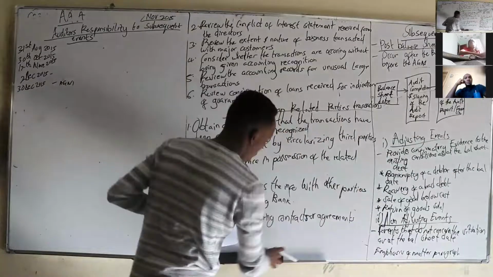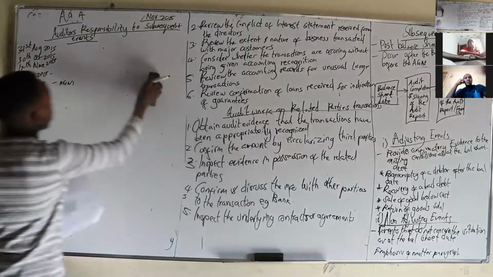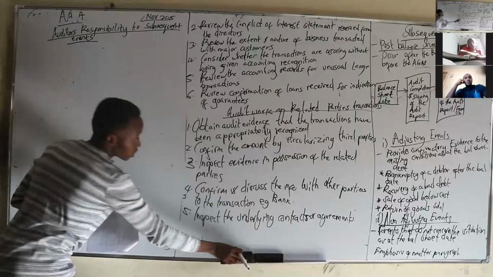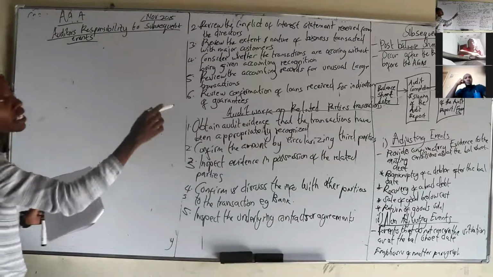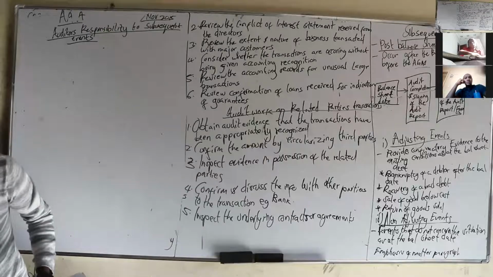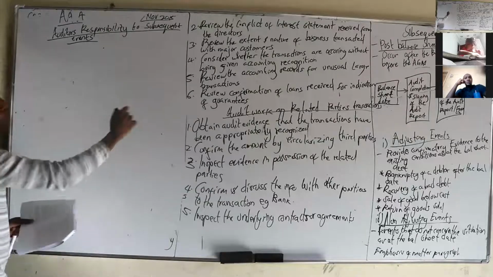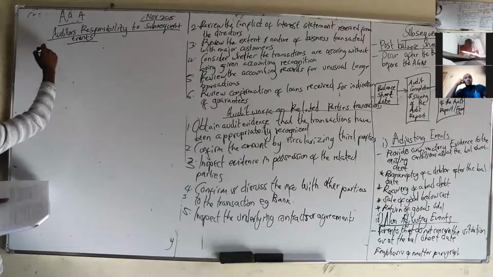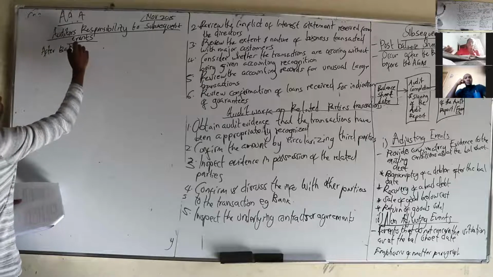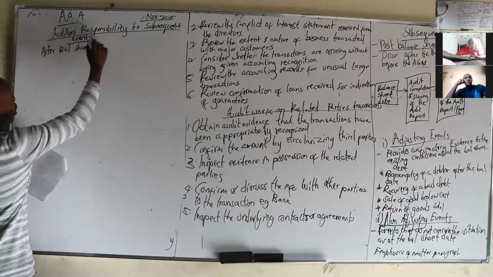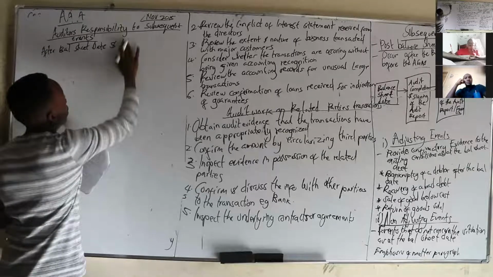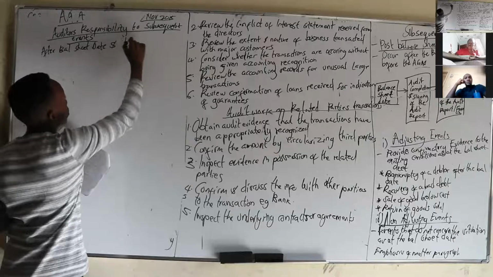Now, I want to show you how you identify these specific responsibilities. For the first one, the period after the balance sheet date and before the audit report is signed.